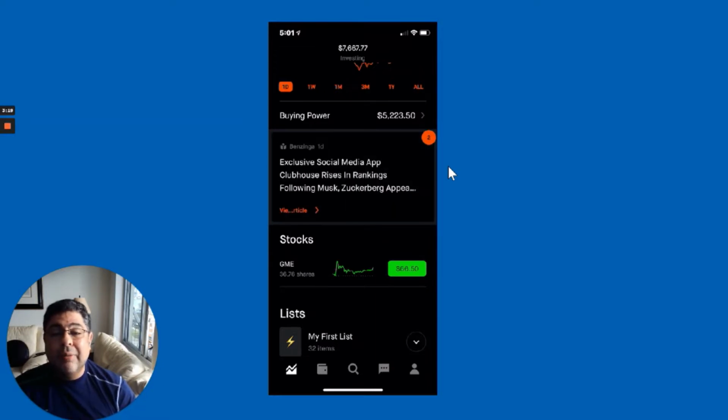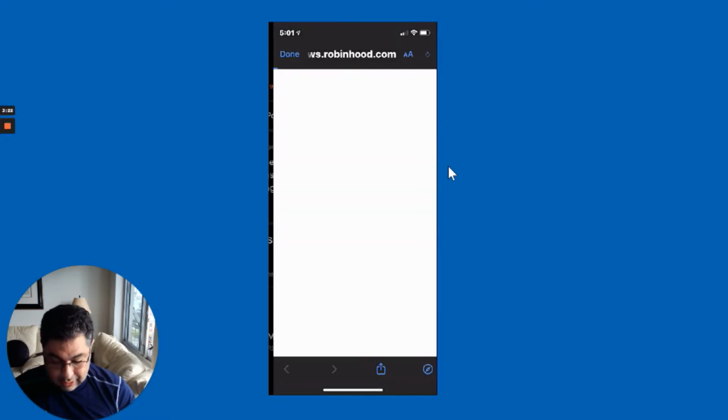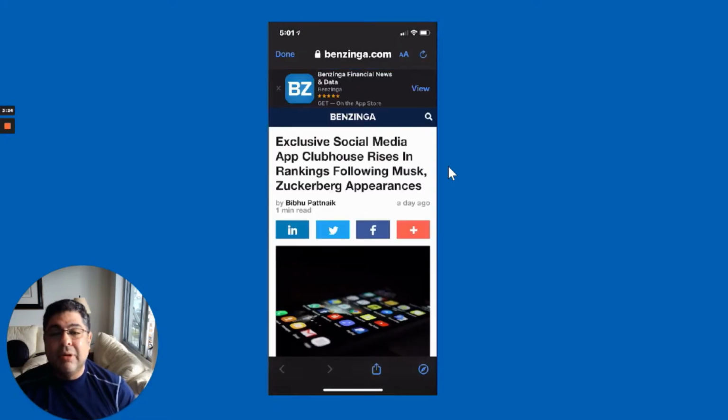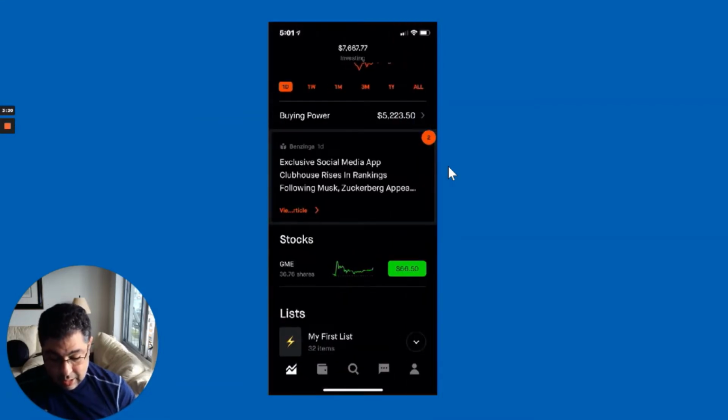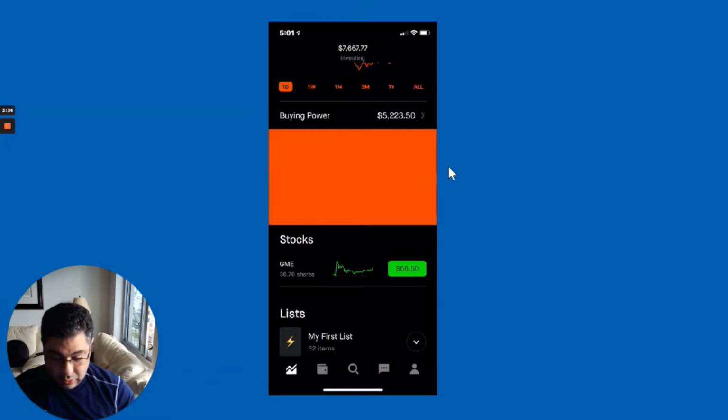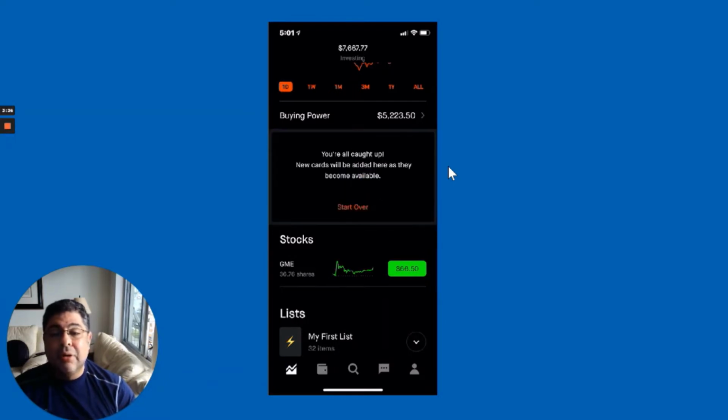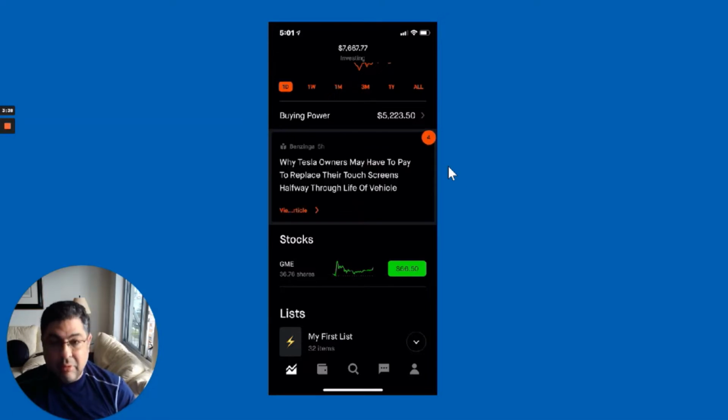Social media apps. In any of these you can click and it opens the news, depending on the source. And what else do we have here? Drop shippers. And when you finish, it says all caught up. You can start over and watch again if you want.